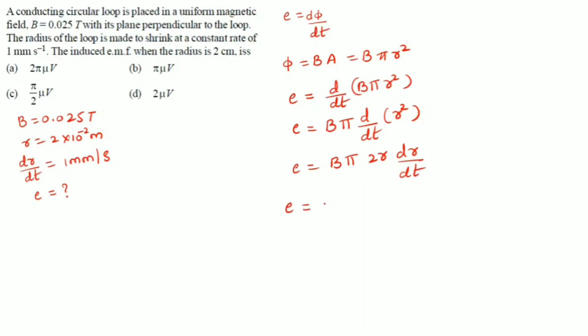B is given 0.025 into pi into 2 into radius 2 into 10 raised to minus 2. dr by dt is given, that is 10 raised to minus 3, because 1 millimeter means 10 raised to minus 3 meter.